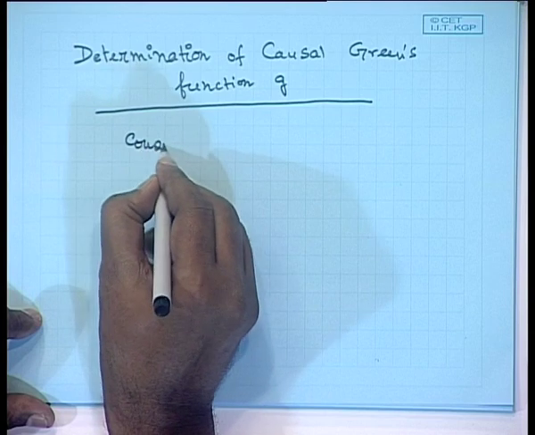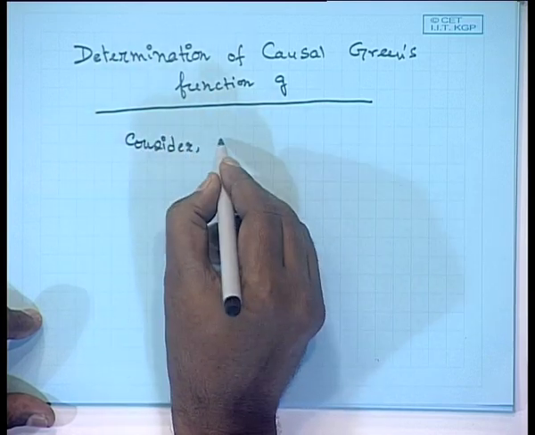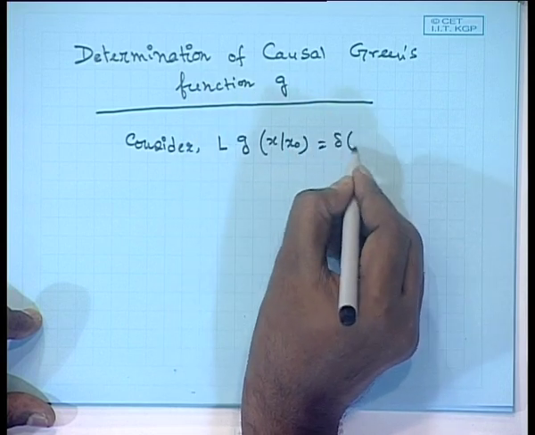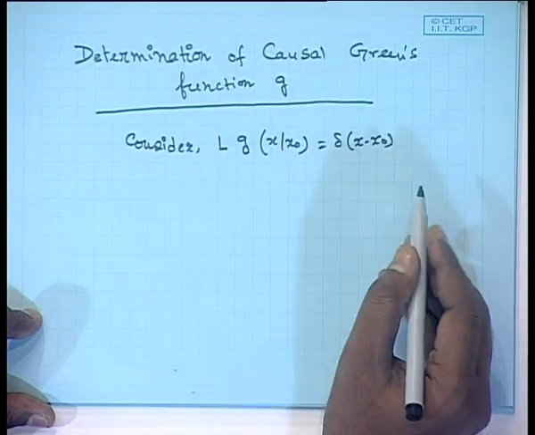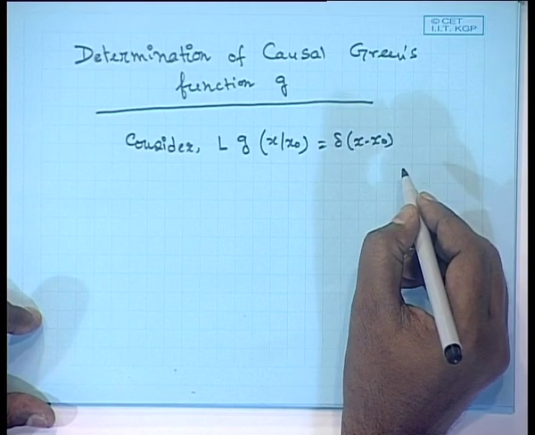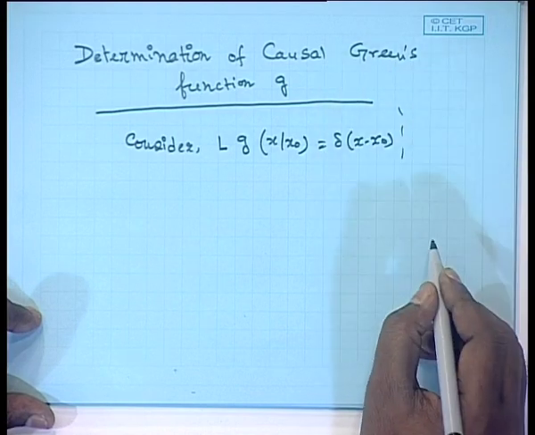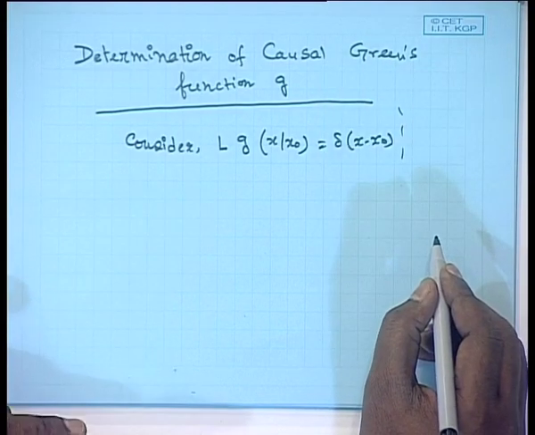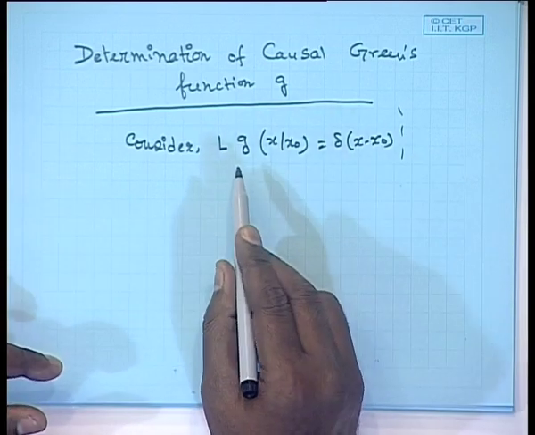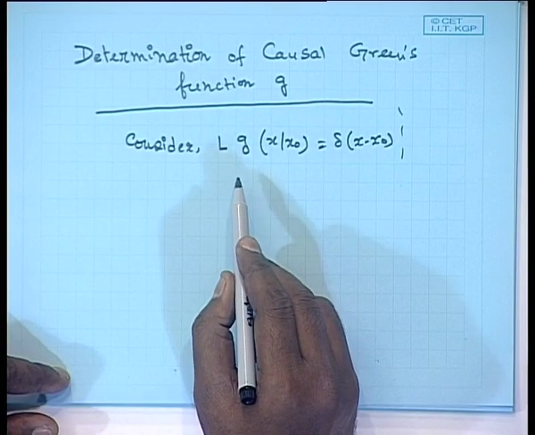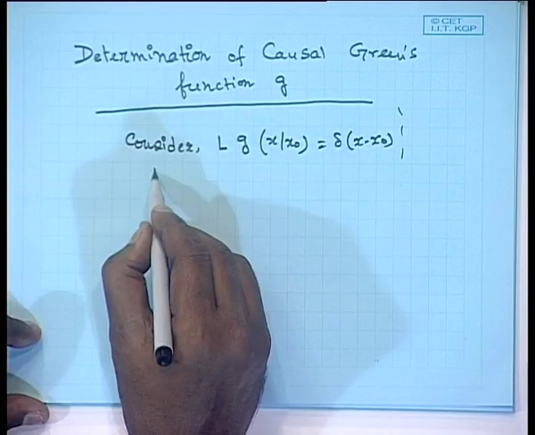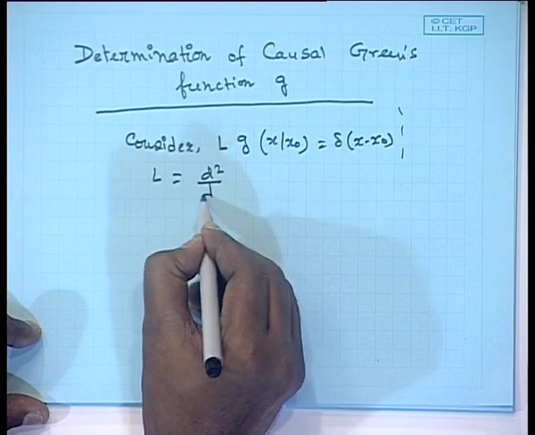Consider the problem L G of x by x naught is equal to delta of x minus x naught. Let us say this L is d square dx square. That means your original problem is d square u dx square is equal to some f of x. So, the corresponding Green's function problem will be d square g dx square is equal to delta of x minus x naught.